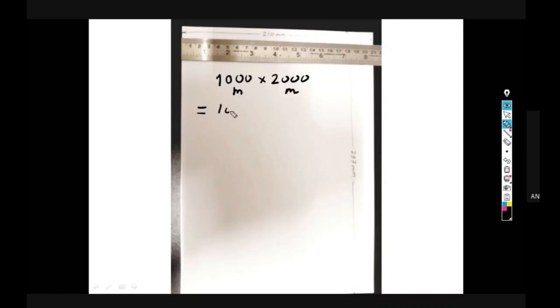Yes, sir. So let's say 1,000 divided by 10,000, right? Yes, sir. And 2,000 divided by 10,000. Let's try this. So how much will this come? It will be 0.1 meters by 0.2 meters.